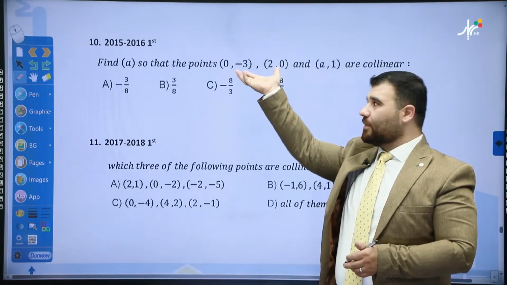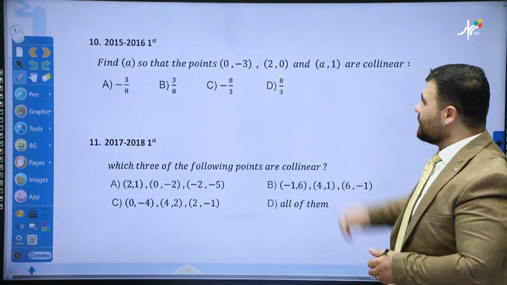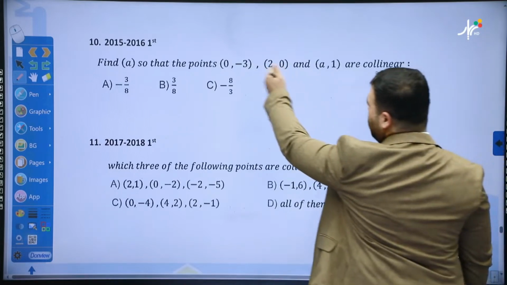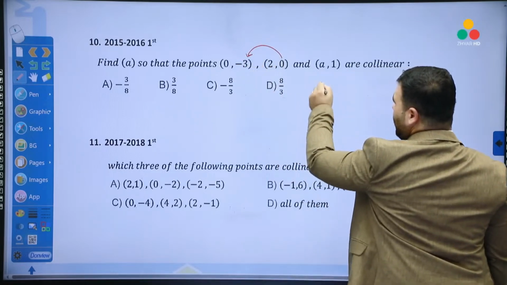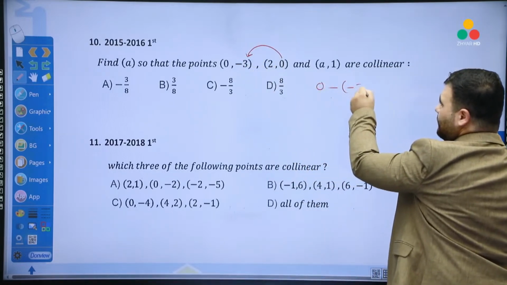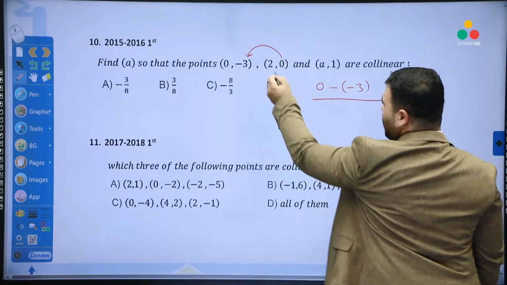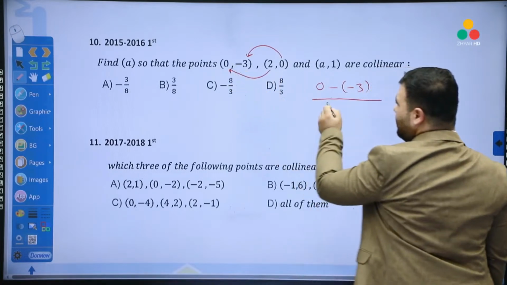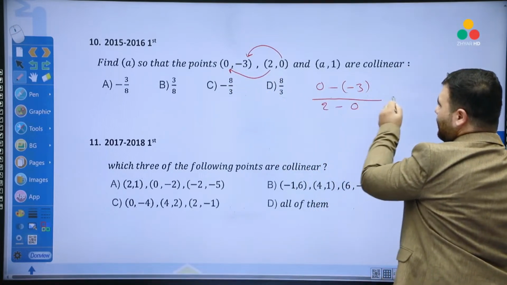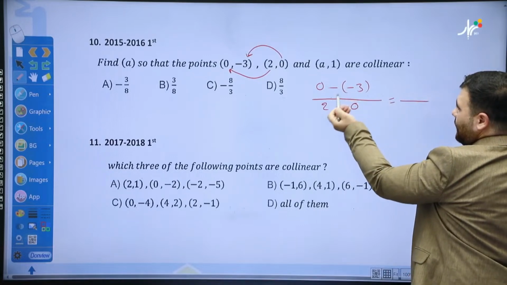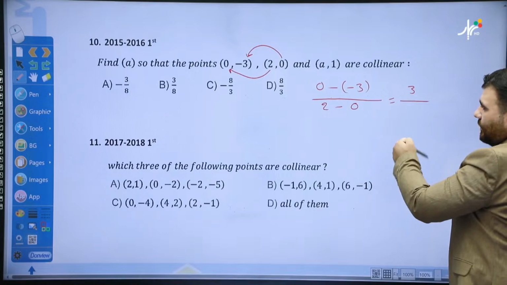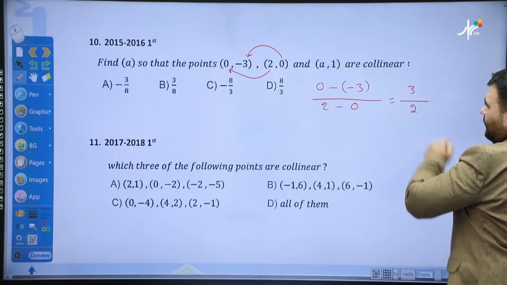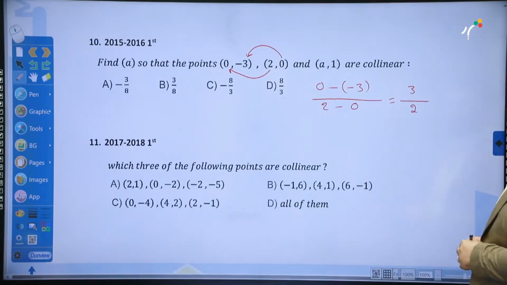We can find the slope between them, then we use the result to find A. Let's find the slope here. y2 minus y1, 0 minus negative 3, over x2 minus x1, 2 minus 0. This is equal to 3 over 2. So the slope is 3 over 2.